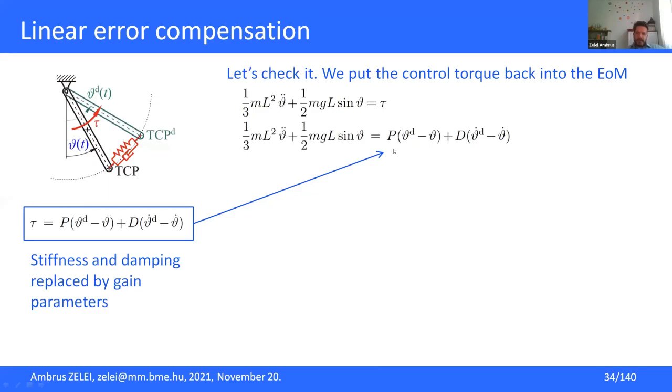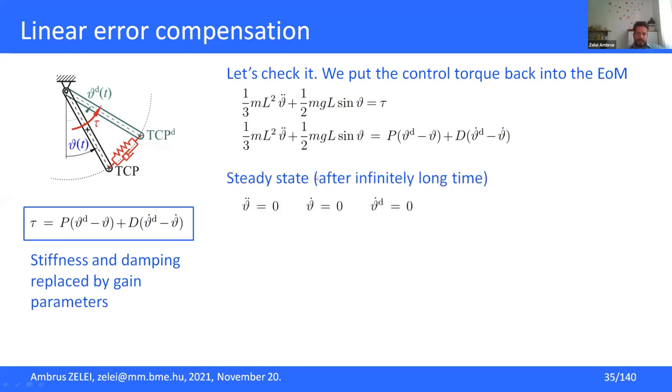And let's check what happens after a very long time. So we know that if there is a spring and damper, the motion will settle down and everything will be in a static position. So if we wait long enough, there will not be any acceleration and there will not be any velocity. And let's assume that the desired position is a steady position.